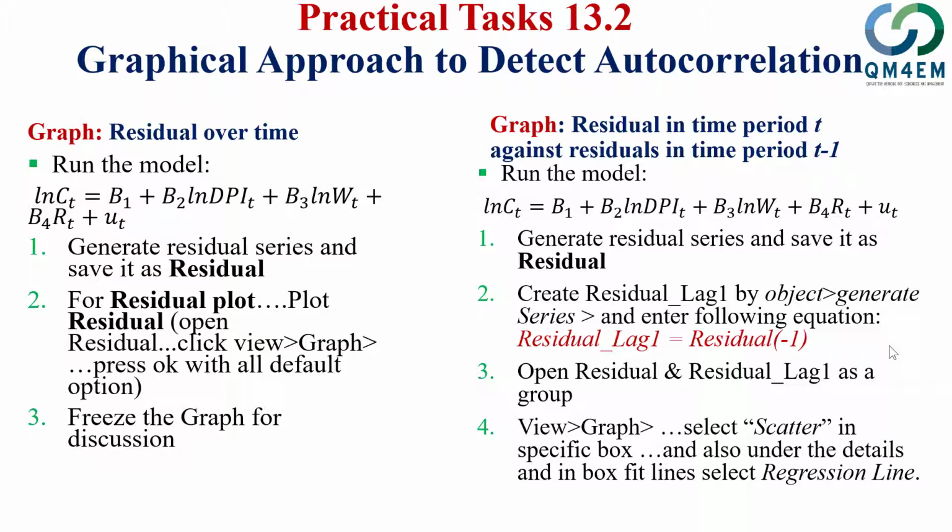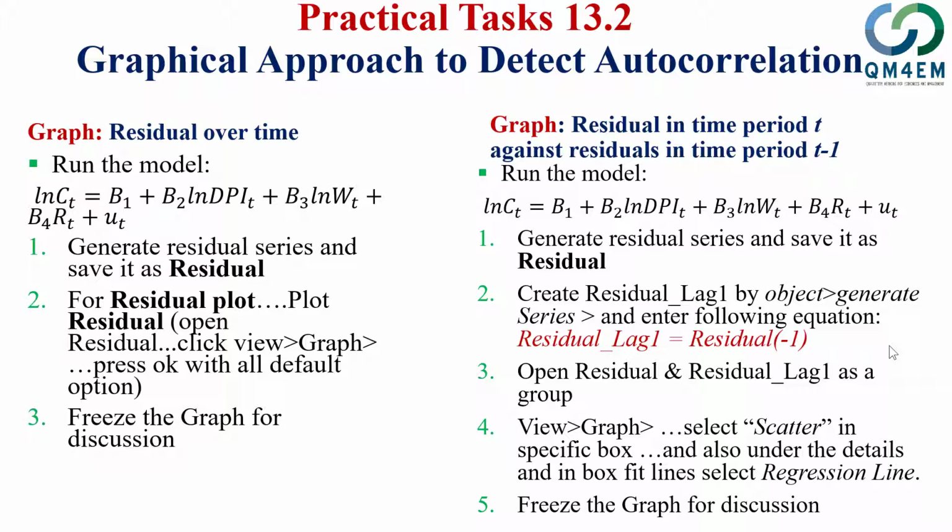But before pressing OK, I would like to fit a regression line to it as well. So under the detail, I can select the regression line option and then press OK. A line will be fitted to that scatter plot as well, so that would give me a pretty good idea. Obviously, then you freeze this graph for discussion.